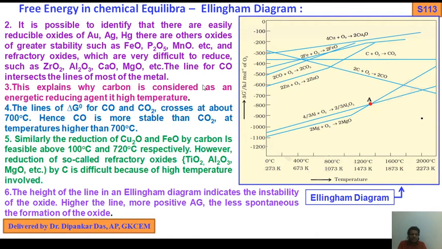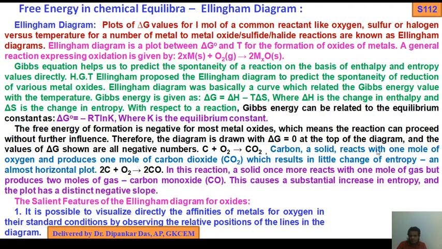Similarly, in the case of C plus O2 gives CO2, this is the CO2 line, this is the FeO line. C plus O2 reacts with 1 mole of oxygen to give 1 mole of carbon dioxide, resulting in little change of entropy and an almost horizontal plot.